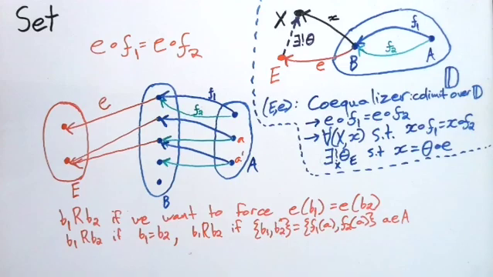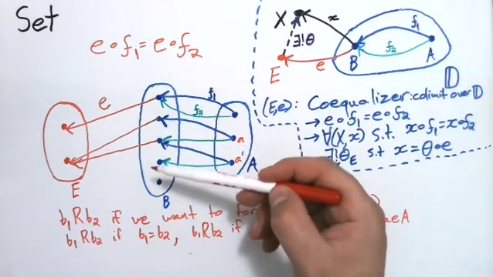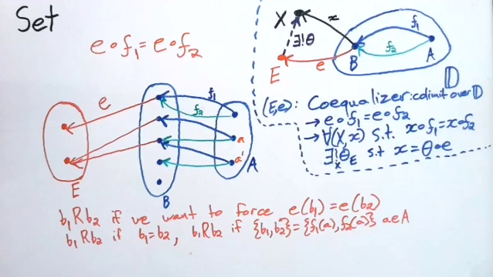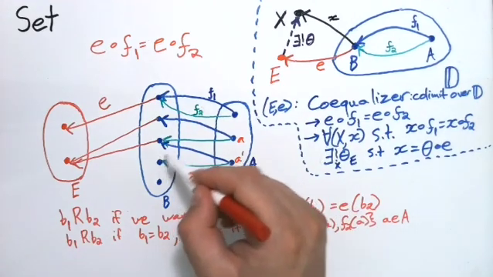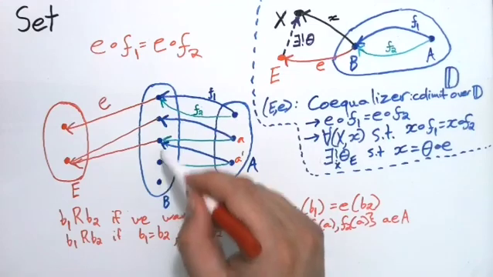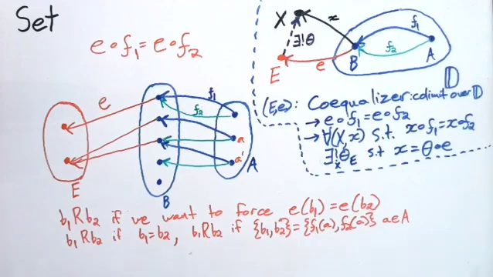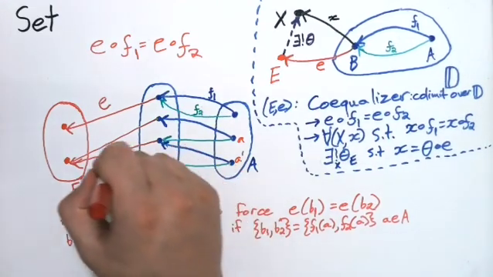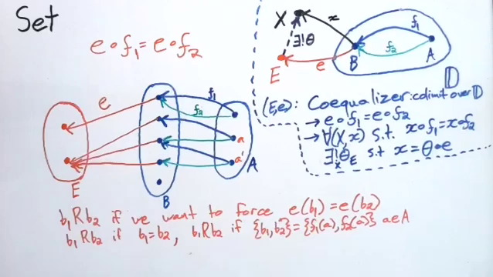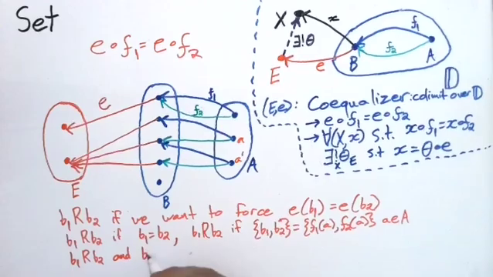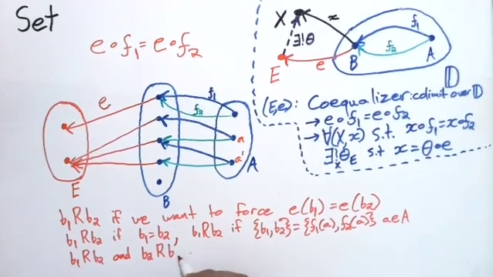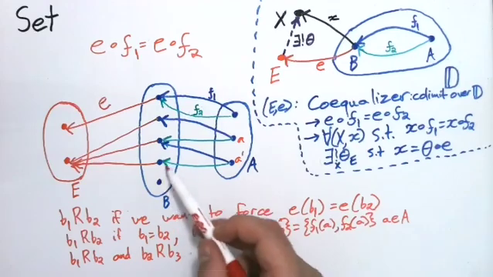Well, if that's the case, then we need all of these images to all map to the same thing, right? Because these are related, and these are related, and these are equal. So we need all of these three to all map to the same thing, right? Hopefully that makes sense. So another way to say that is if B1 is related to B2, and B2 is related to B3, right?